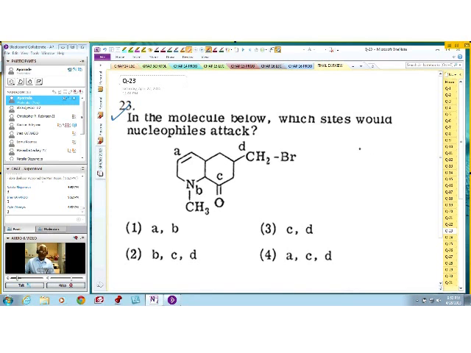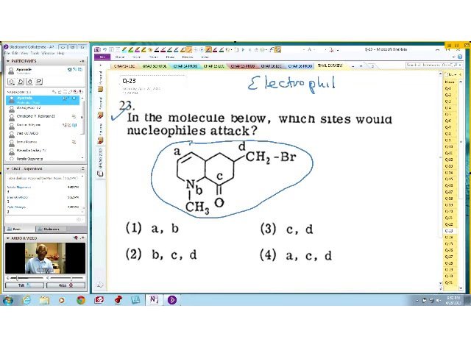In this molecule here, what they are asking is which site the nucleophile will attack. In other words, which of these carbons will be electrophilic?